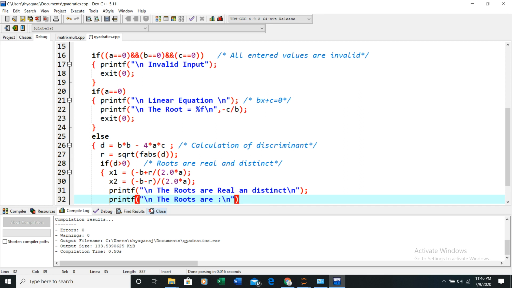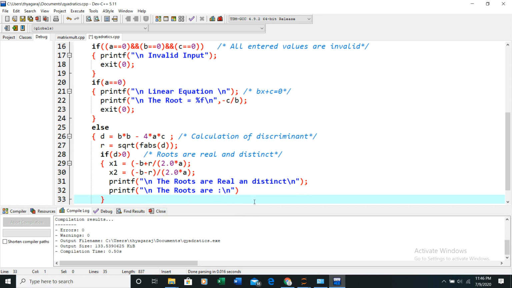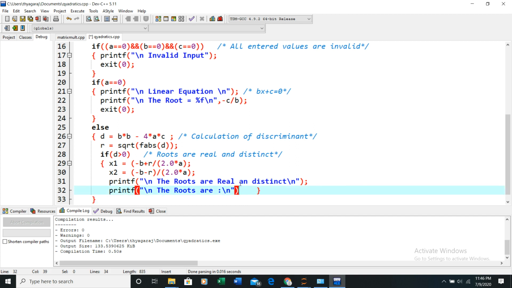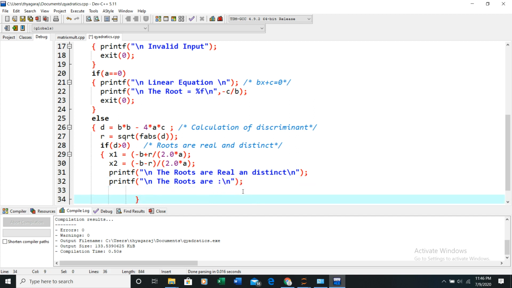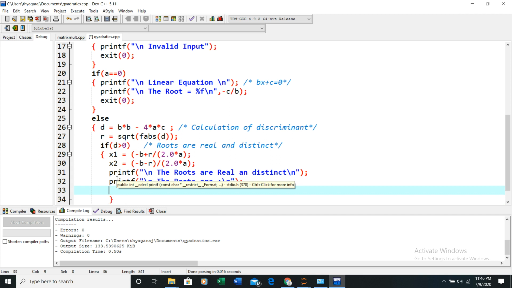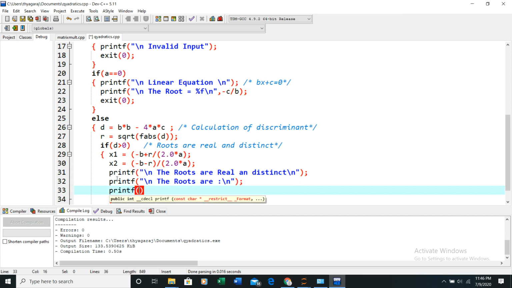Then I'll end with a semicolon, which is very important here, otherwise it will show an error. Then we will print those roots: printf slash n root 1 equal to percentage f slash n comma x1.